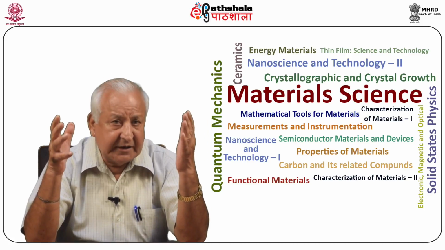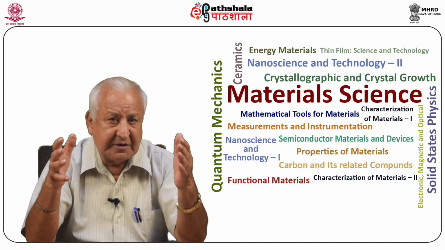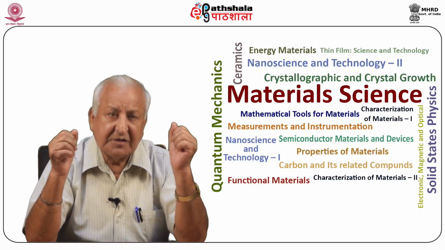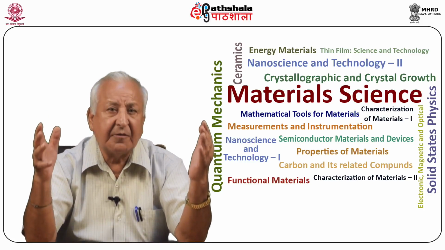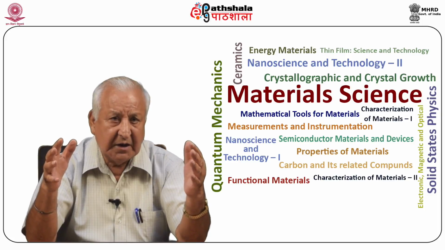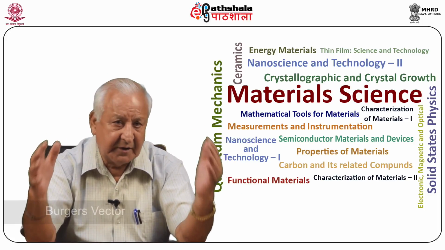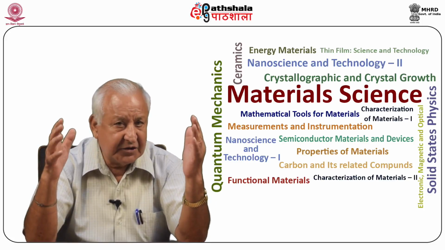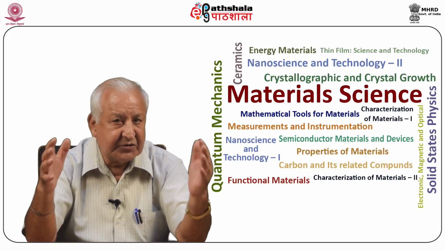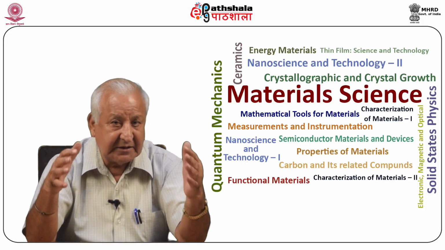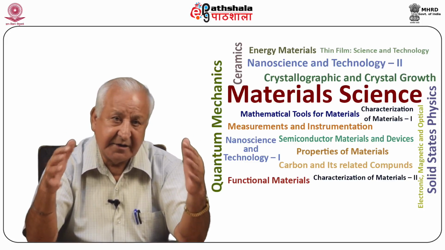Now we shall take up slip, motion of dislocations, and dislocation density. Suppose a uniform shear stress tau is applied to the crystal along the direction of the Burger's vector. It is shown that this leads to a force on the dislocation line such that the slipped area tends to grow.